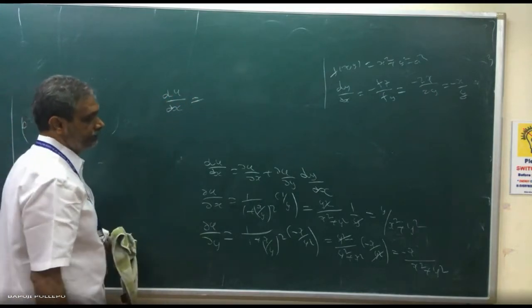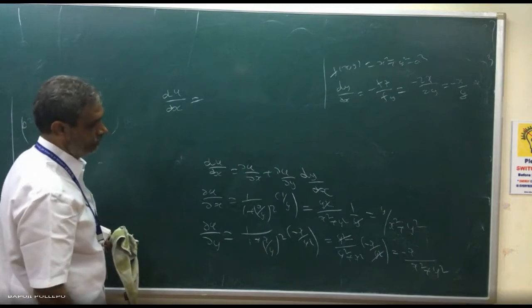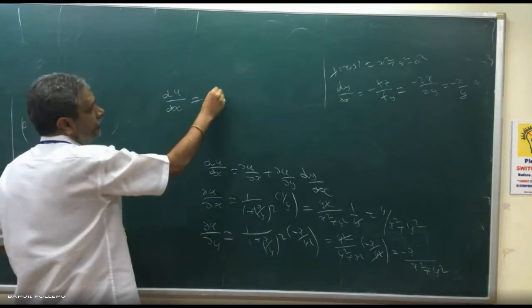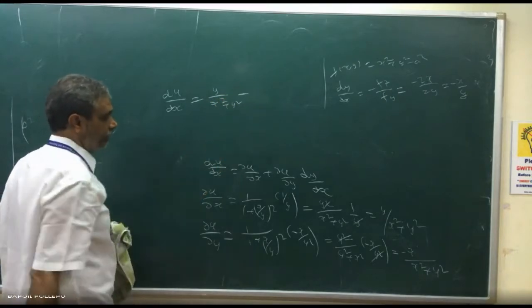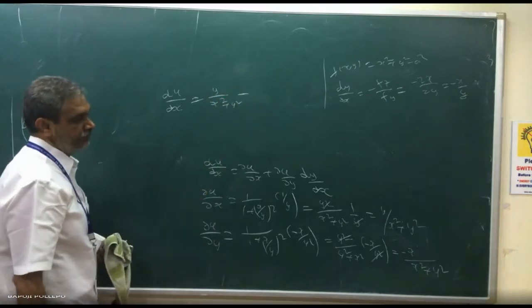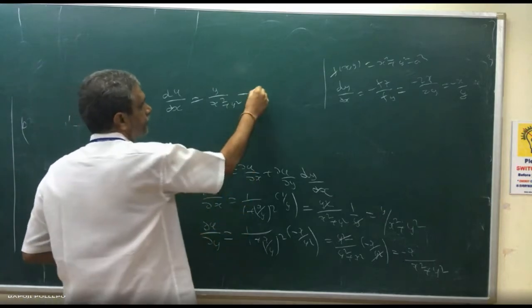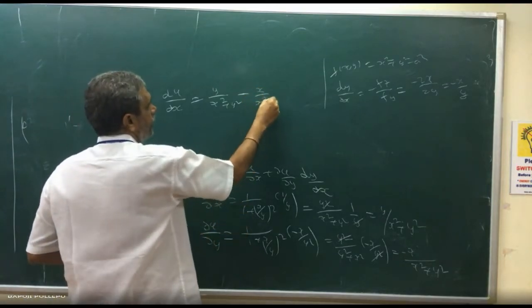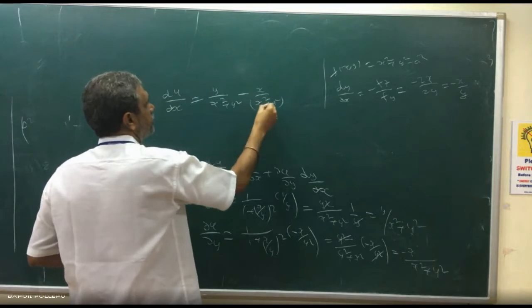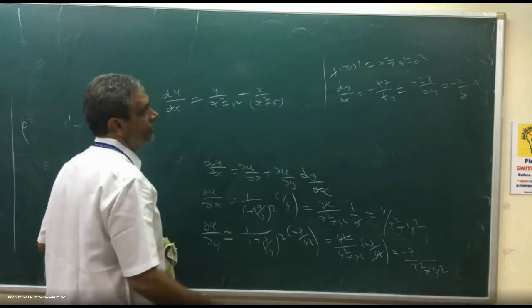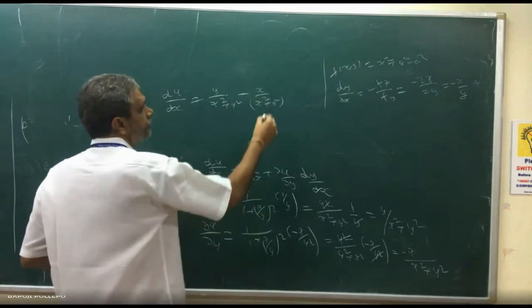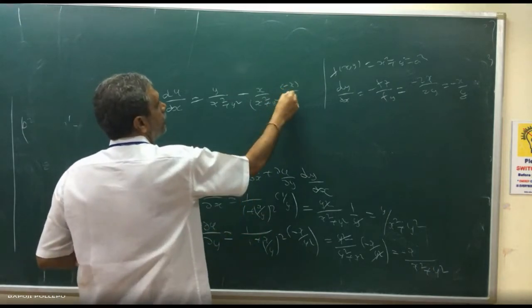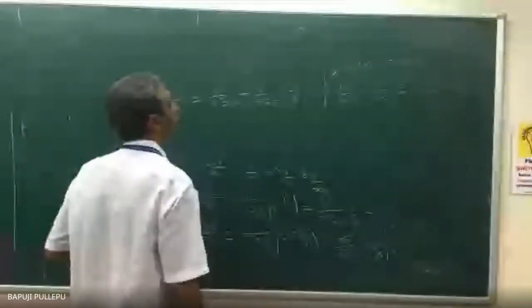Dou u by dou x, what is dou u by dou x? y by x square plus y square. Minus, dou u by dou y is what? Minus x by x square plus y square. Then dy by dx is what? Minus x by y.